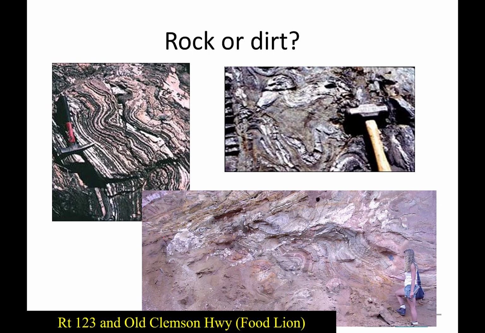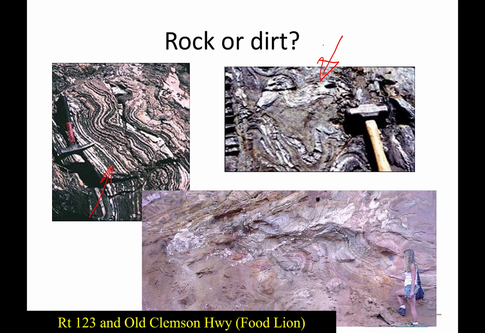Okay, so now we've got this question, rock or dirt? On the previous slide, we clearly were seeing some rocks, and I show here some rocks that are folded nice, and that's also what's shown here. And these are resistant rocks.